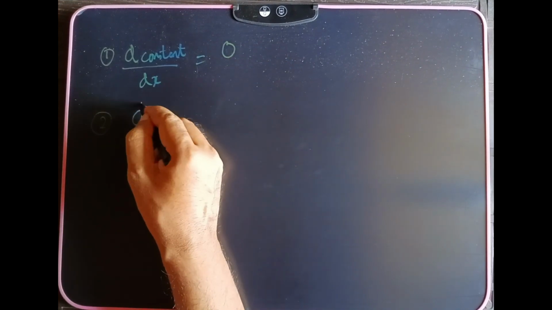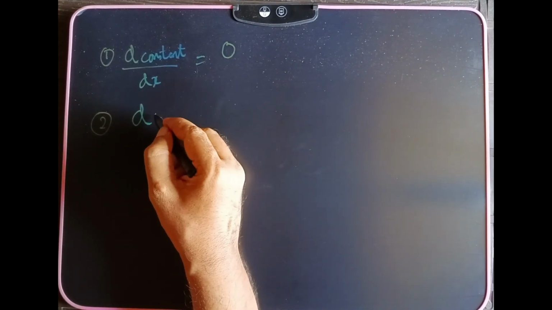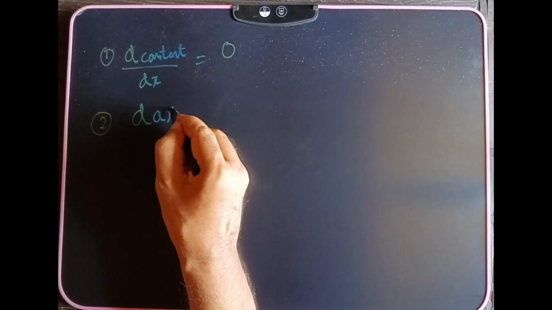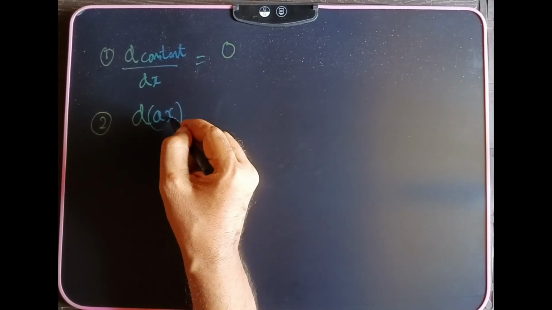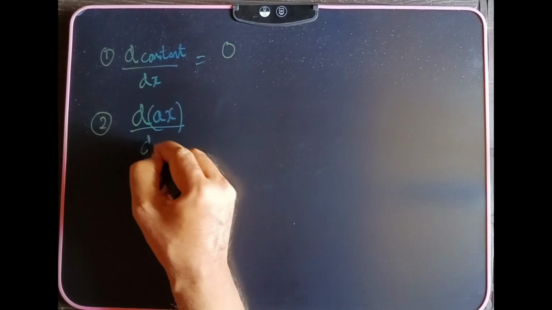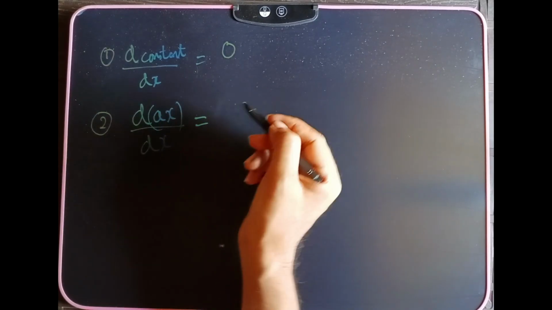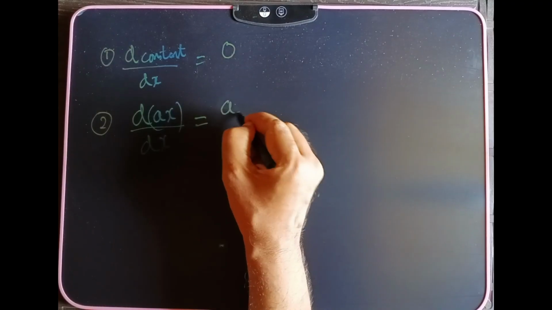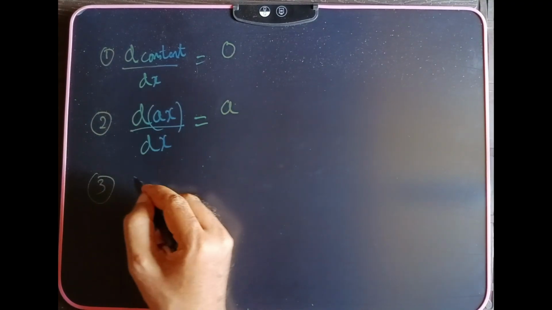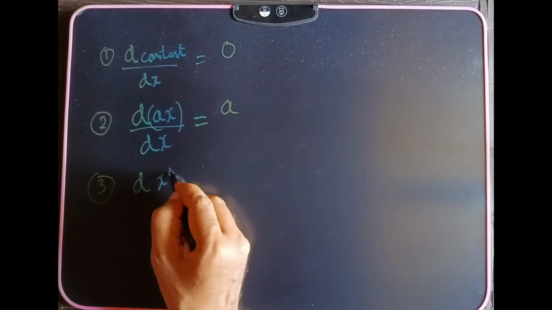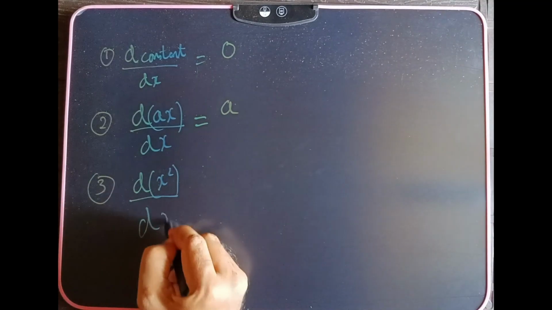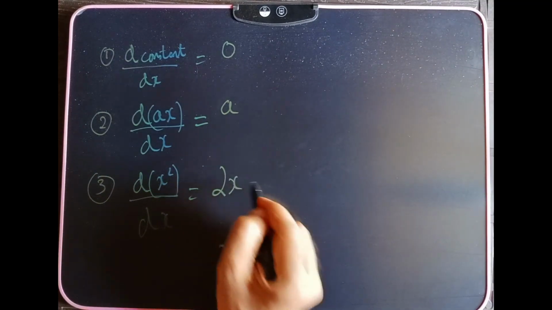The derivative of a constant times a variable divided by dx means the rate of change of this function with dx is equal to a constant. And the third function, the derivative of x square by dx, is equal to 2x.